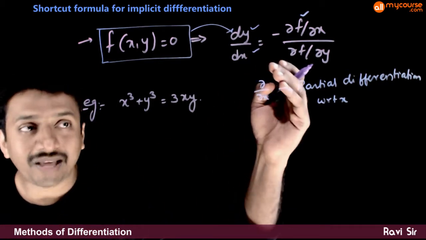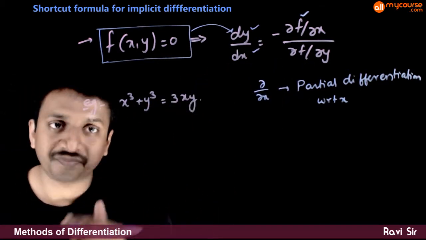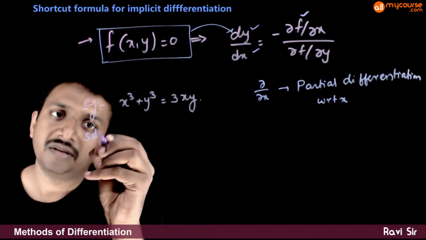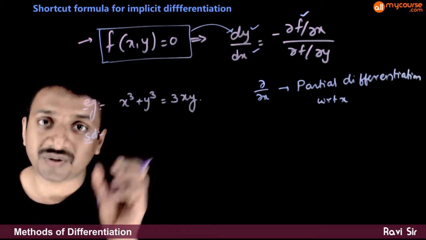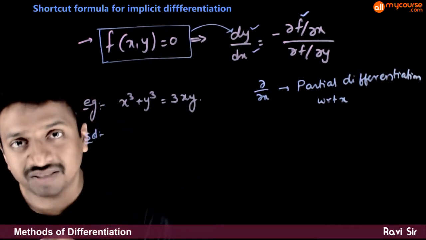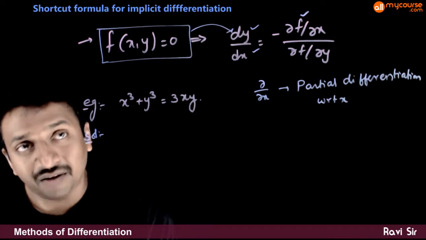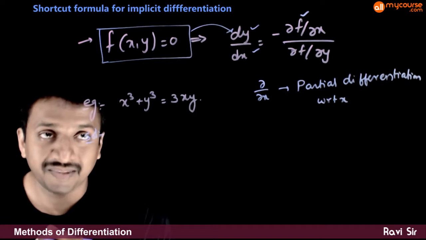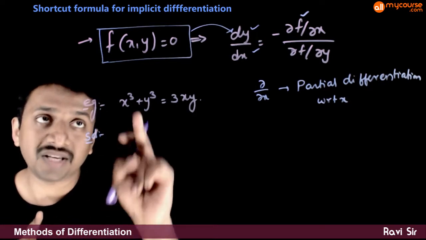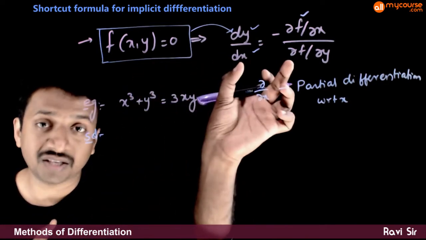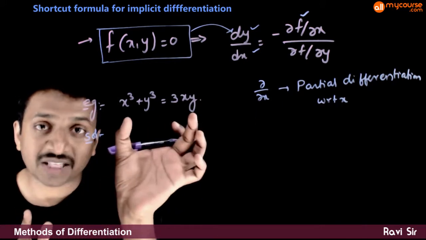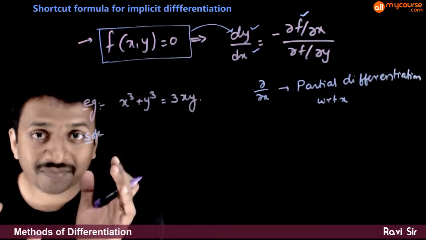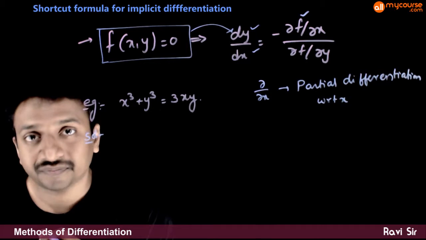So let us apply this formula for this question. We have already done this question using the normal process of implicit differentiation. Now let us use this formula and see whether you are getting the same answer or not. Before using this formula, you always have to express the function as something is equal to 0.